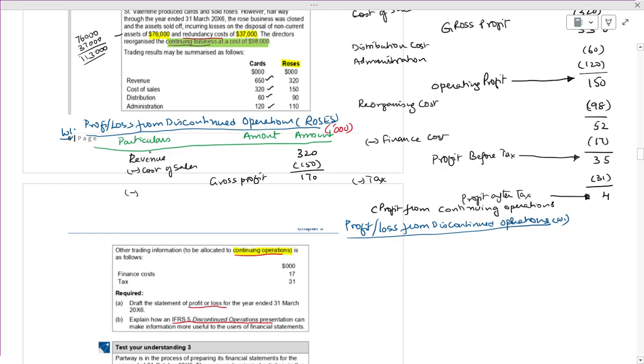Okay. Next. Distribution expenses is how much? Distribution expenses is 90. Administration is how much? Administration is 110. How much you will get? 200 minus 30.